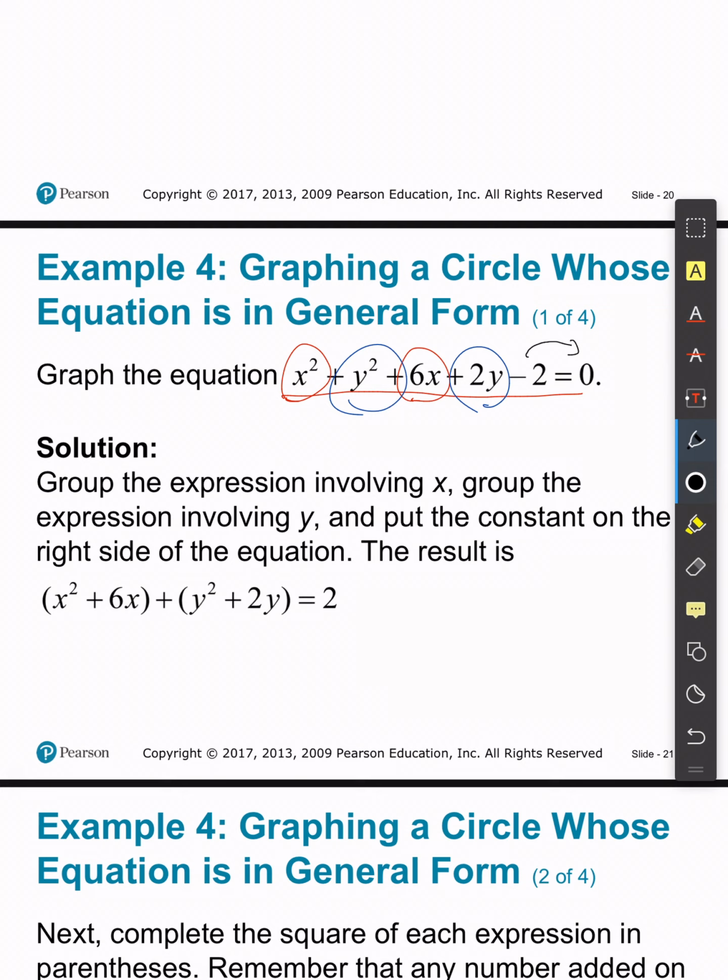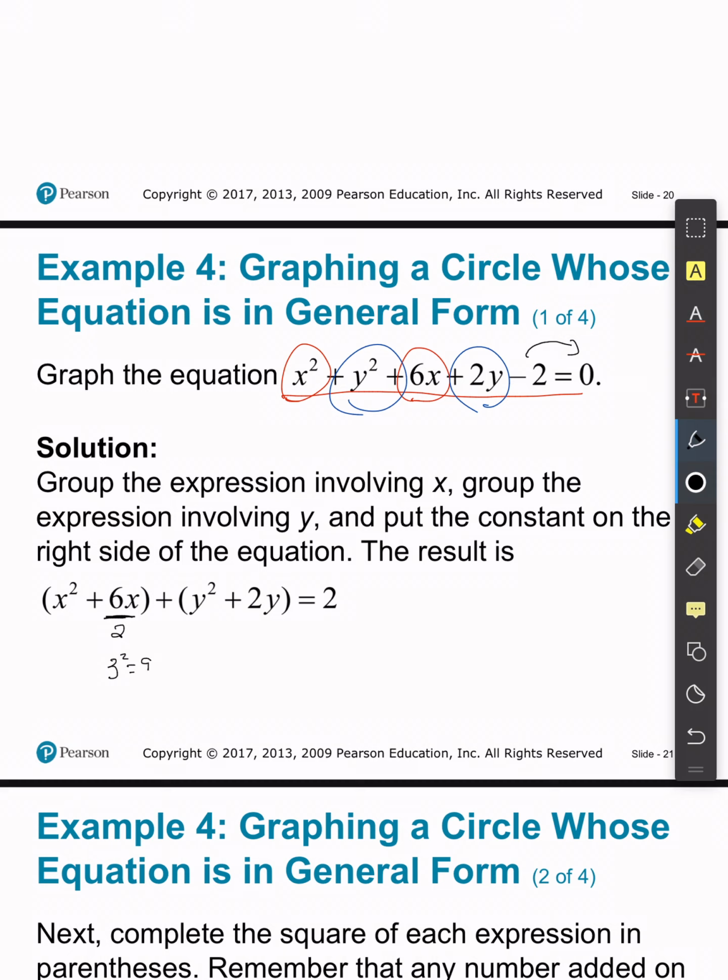So I'm going to take it to the next step and show you how we used to do this where we complete the square. Completing the square involves taking half of the middle term, which is 3, and then squaring it. 3 squared is 9.